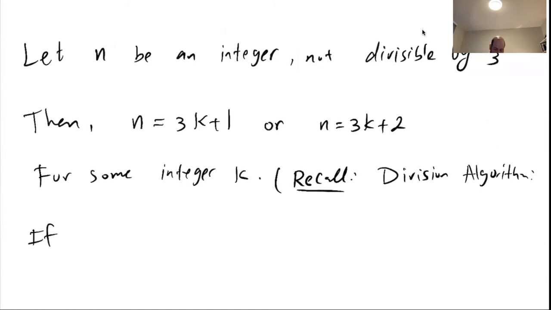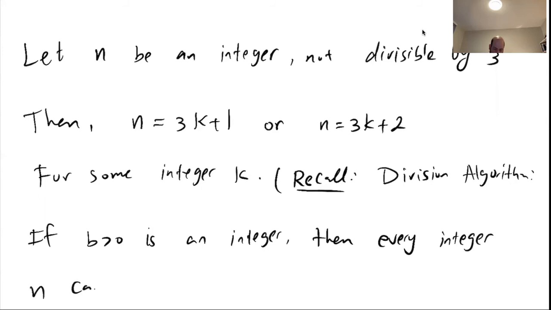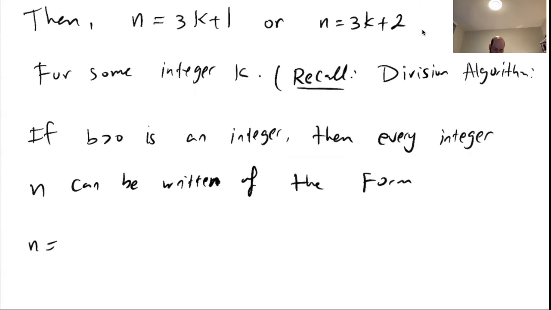If b bigger than 0 is an integer, then every integer n can be written in the form n equals qb plus r, where r is bigger than or equal to 0, less than b.